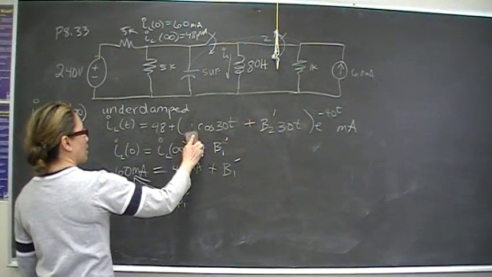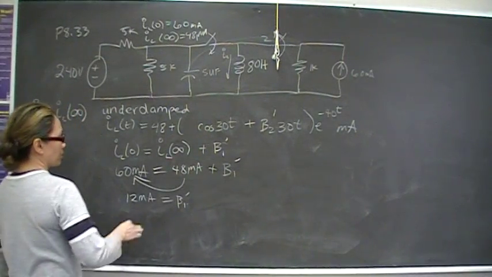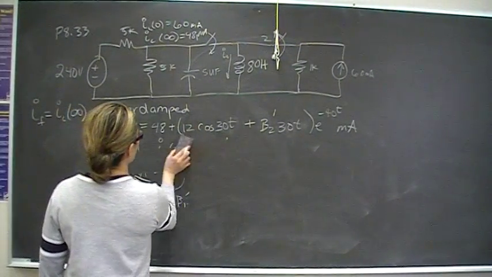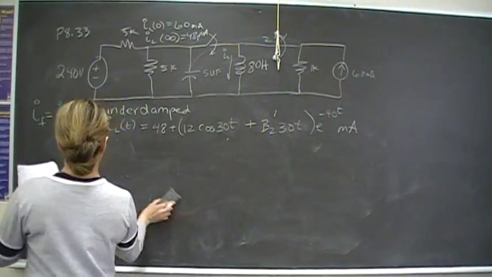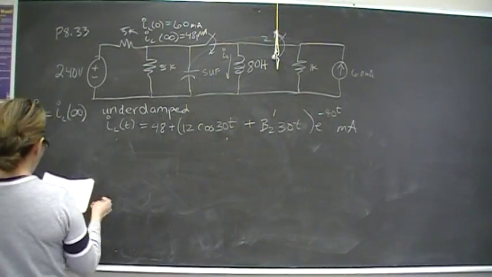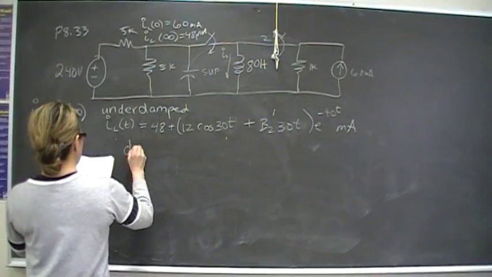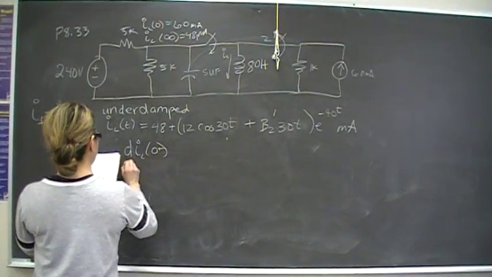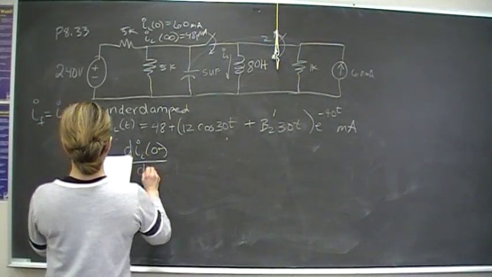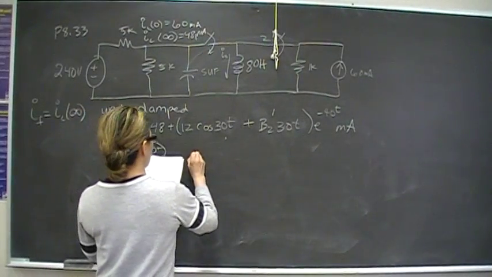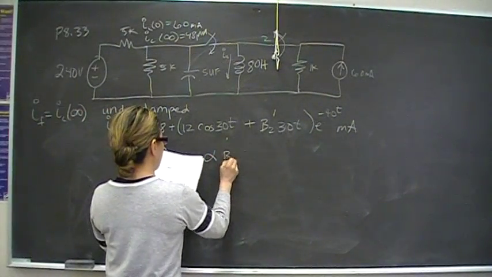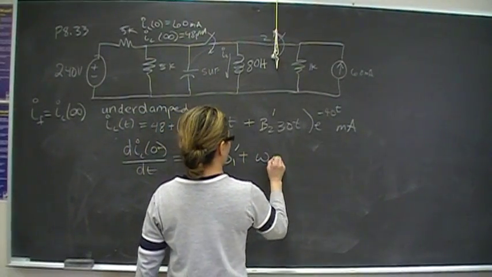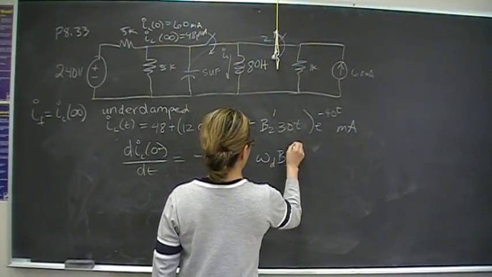So all that's left now is B2. What is our equation for B2? Our other coefficient equation is dIL of 0 plus over dt is equal to negative alpha B1 prime plus omega d B2 prime.